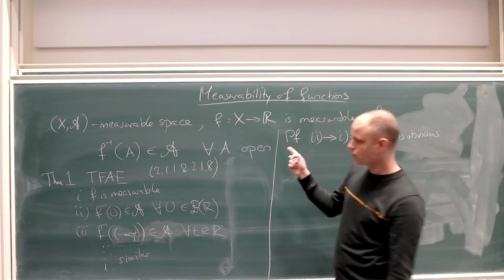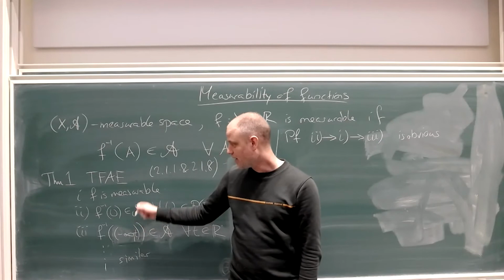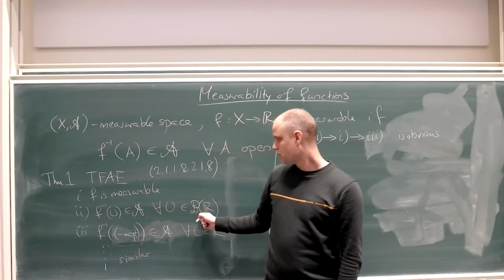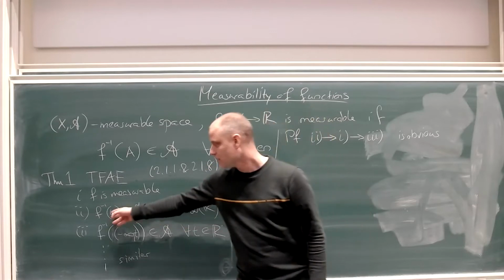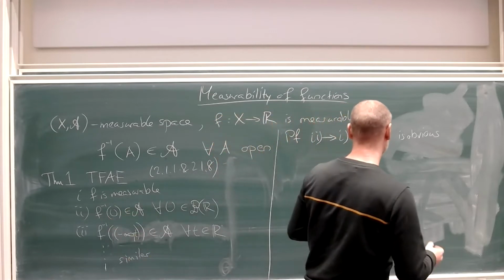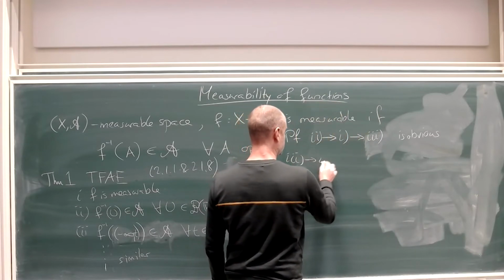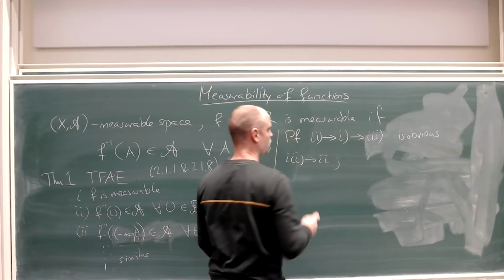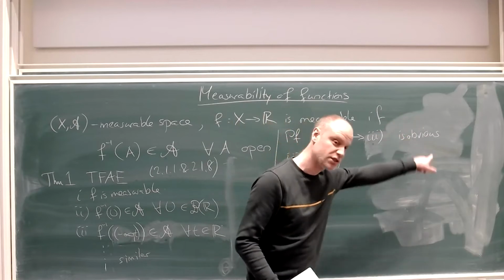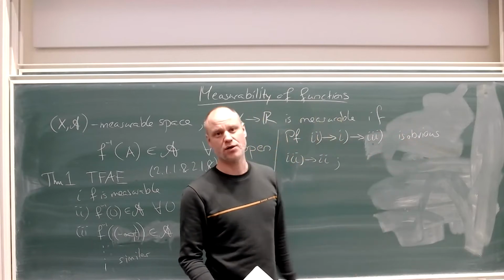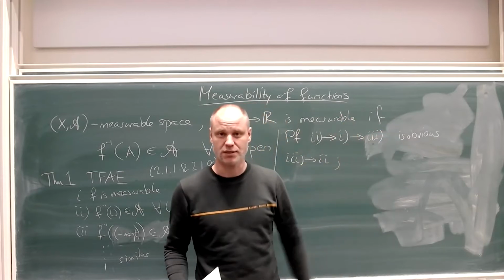The only thing we need to do now is to say that if we have 3, then any Borel set is automatically allowed as well. If we can prove that 3 implies 2, then we are done, because then this circle is complete, right? 2 implies 1, implies 3, which implies 2 again. It means that they are equivalent. Then you can start with any one and go around the circle.